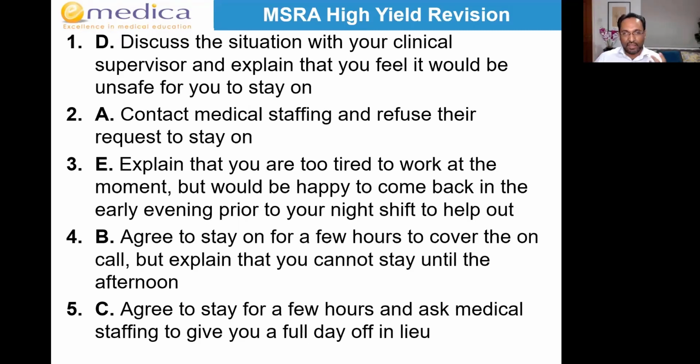Was anyone thinking, okay, they've asked me, if I say no, they can get on with trying to ask someone else, because contacting my clinical supervisor and discussing the situation, explaining all of that, is going to take a long time. So I do this first and then I do this. Is there anyone that was thinking along those lines? I.e., you're thinking about this as the sequence of time in which you would like to do this.